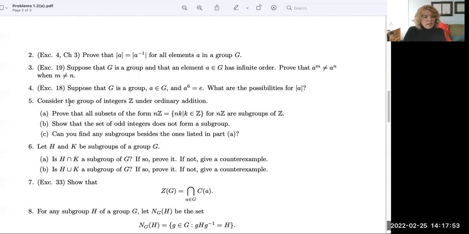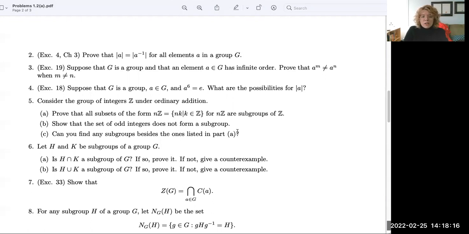In question number 5, why are the nonnegative integers and the even integers subgroups of Z? You could use one of the subgroup tests, or you could prove all the properties of a subgroup. Showing that the set of odd integers does not form a subgroup, you cannot use a subgroup test.